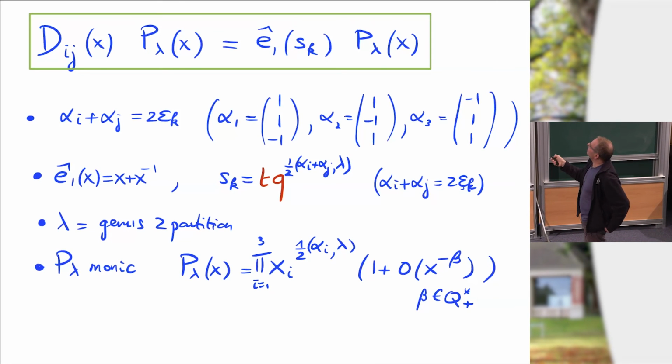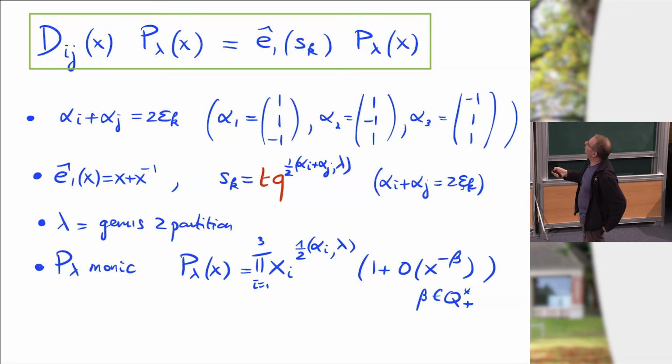So this is the natural way of indexing, I mean, of naming the variables, right? So I have x i, x1, x2 for each of those three guys, but I have s k here given in terms of sum alpha i plus alpha j, which is just 2 epsilon k, so it's just lambda k here.